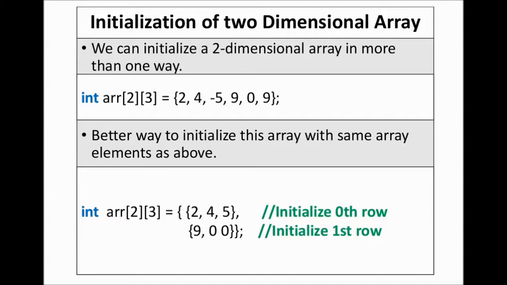So this array has 2 rows and 3 columns. At index [0][0] value 2 is stored, at index [0][1] value 4 is stored, at index [0][2] value -5 is stored, at index [1][0] value 9 is stored, at index [1][1] value 0 is stored, and at index [1][2] value 9 is stored.